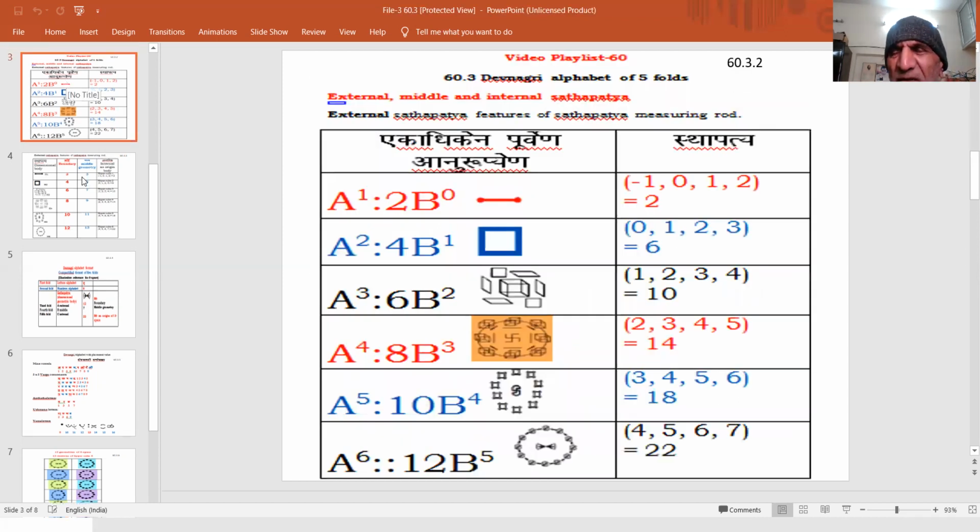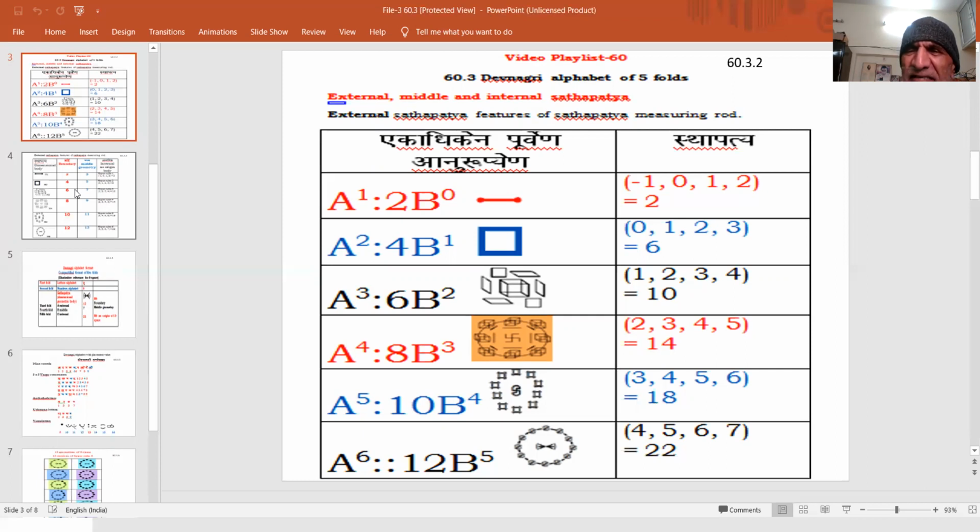The Vedic knowledge systems are of Vedic mathematics values basis base. Vedic mathematics values basis base is the Sathapatya format. That is the 3rd format of Devnagari alphabet. The first format is letters alphabet, as the text will be Ekadikain, Purvain, Anurupain, and so on.